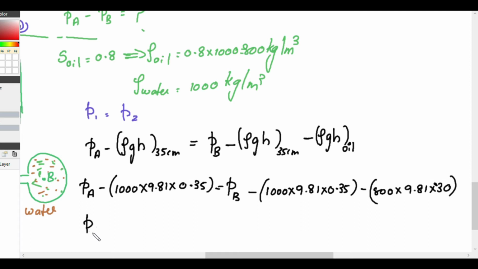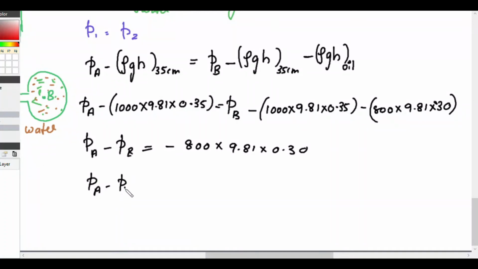So PA minus PB will be equal to, these both get cancelled, the only thing available is minus 800 into 9.81 into 0.30.